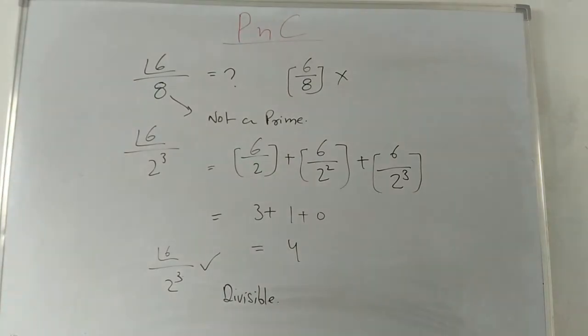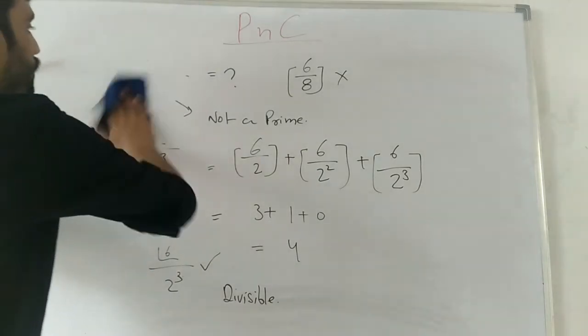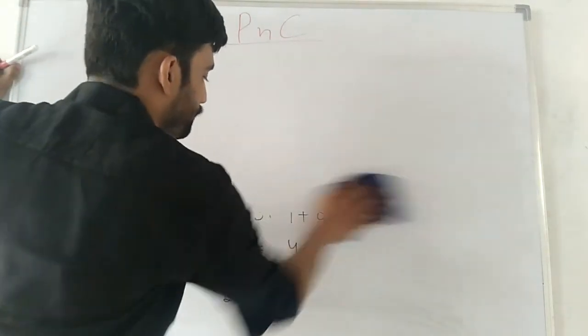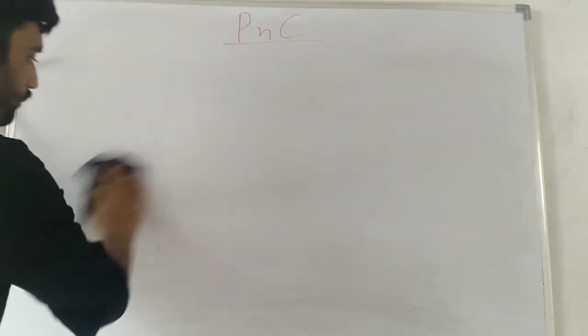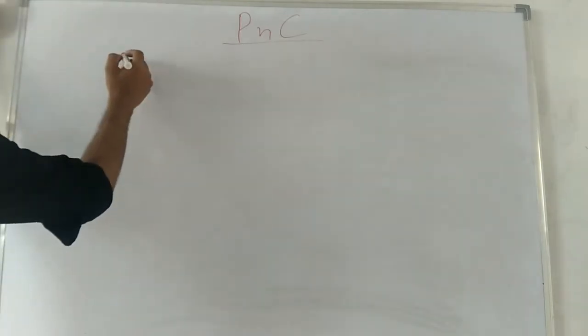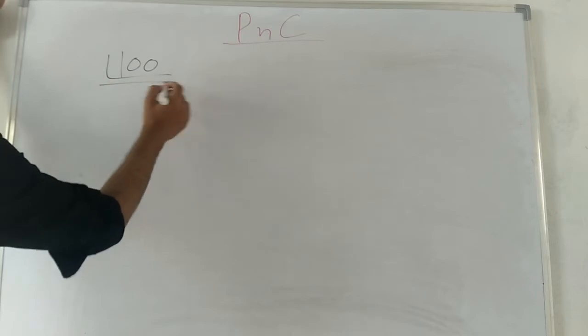Now going to the next question. In the next question we have to find the power of 10 available in the expansion of factorial 100.